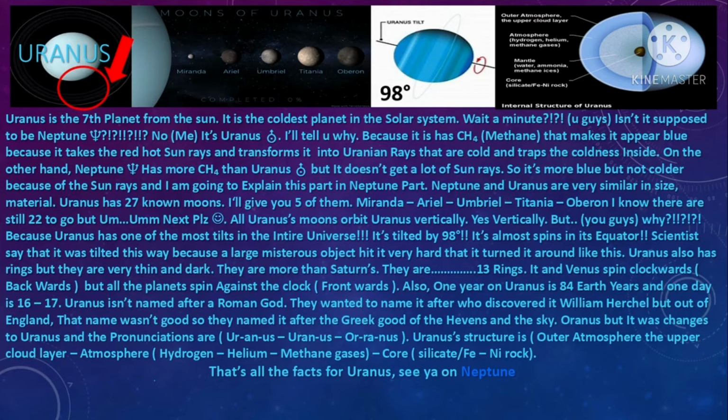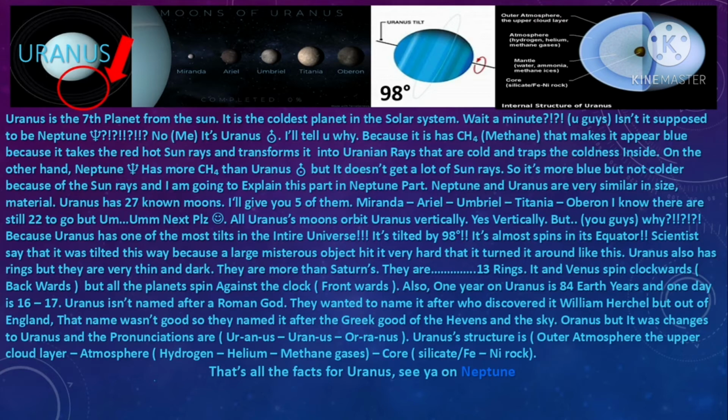It is the coldest planet in the solar system. Wait a minute, you guys. Isn't this supposed to be Neptune? No, guys. Sorry, it's Uranus. I'll tell you why. Because it has CH4 methane that makes it appear blue.